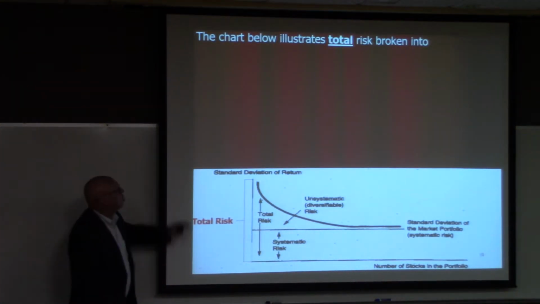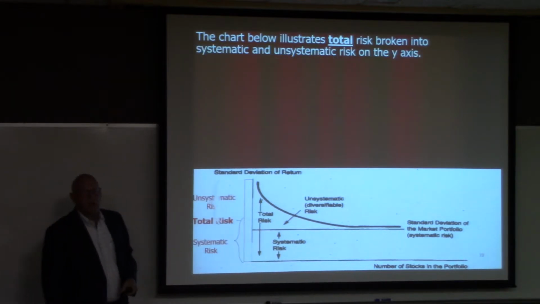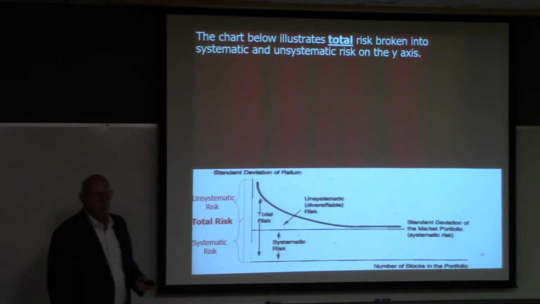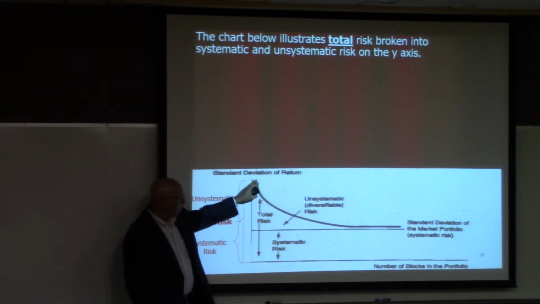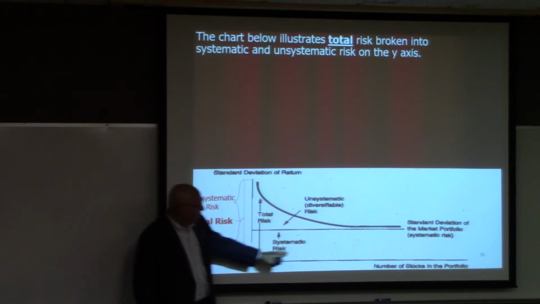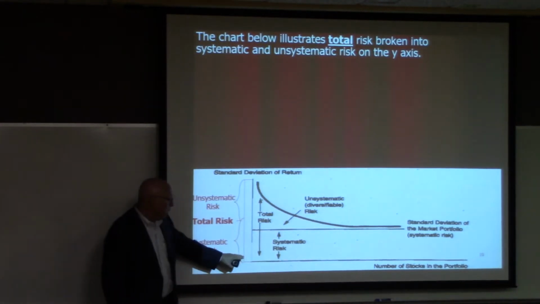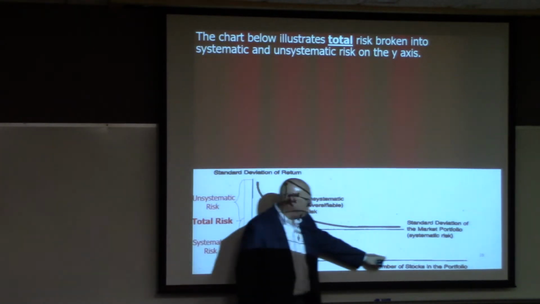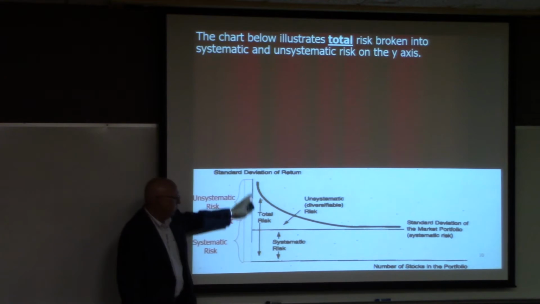All right, so the chart below illustrates total risk broken into systematic and unsystematic risk on the y-axis. So here's total risk here, okay? And the x-axis is the number of stocks in the portfolio. So here we're adding to the number of stocks in the portfolio, and up here we're talking about risk, okay?